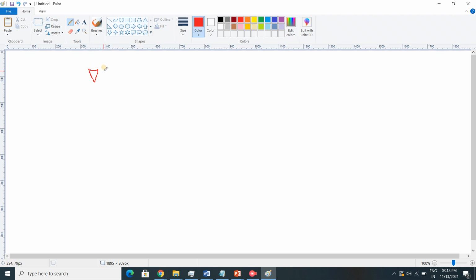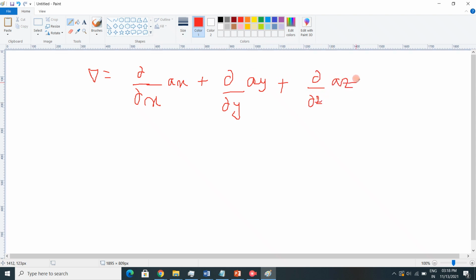Those who have still remembered or studied, that is good. Suppose we talk about the del operator. What is the del operator, if you can remember? In Cartesian coordinate system, it was del x of unit vector x plus del y of unit vector y plus del z of unit vector z.